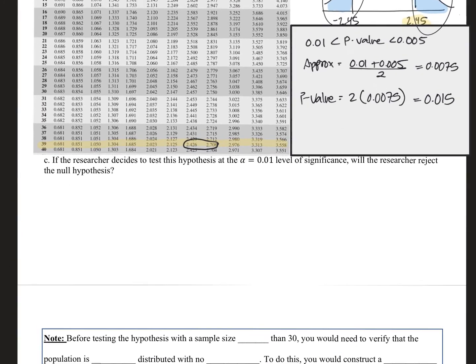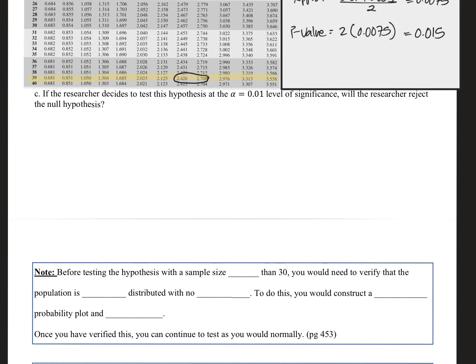Okay, let's take a look at part C. If the researcher decides to test this hypothesis at the alpha equals 0.01 level of significance, will the researcher reject the null hypothesis? Well, remember, for p-values, if the p-value is less than alpha, then we reject. Our p-value is 0.015, and the question is, is that less than our alpha?